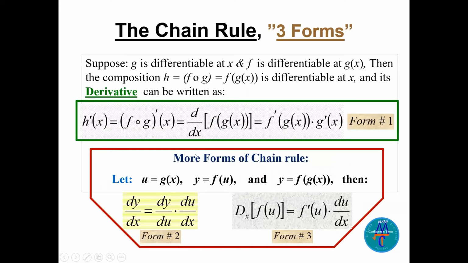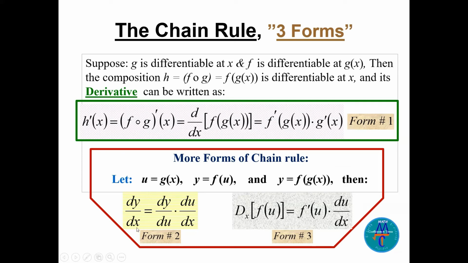Now, the chain rule. We have the derivative of a composition, (f circle g) prime. So it will be f prime of g of x times g prime. This is the chain rule. So this is one form. Another form: if we have u equals g of x and y equals f of u, and y will be f of g of x, which is the composition f circle g.